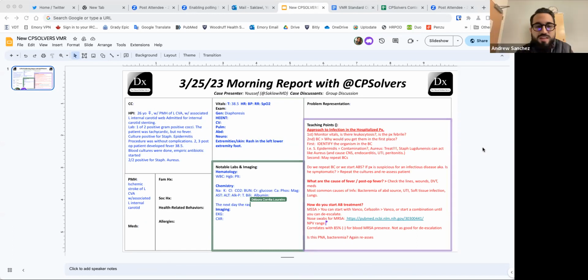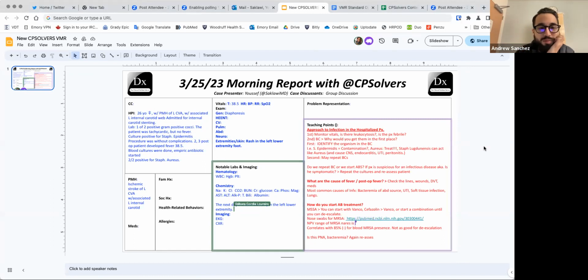I have a couple thoughts on this. I forget who wrote the paper, but the Yale ID Twitter page tweeted out this paper a while ago on the dermatologic findings and endocarditis, which I think is on everyone's mind since we're seeing skin findings in a patient with Staph aureus bacteremia. Classically, you see petechiae, like in the conjunctiva of the eye, where we pull the eyelid down.